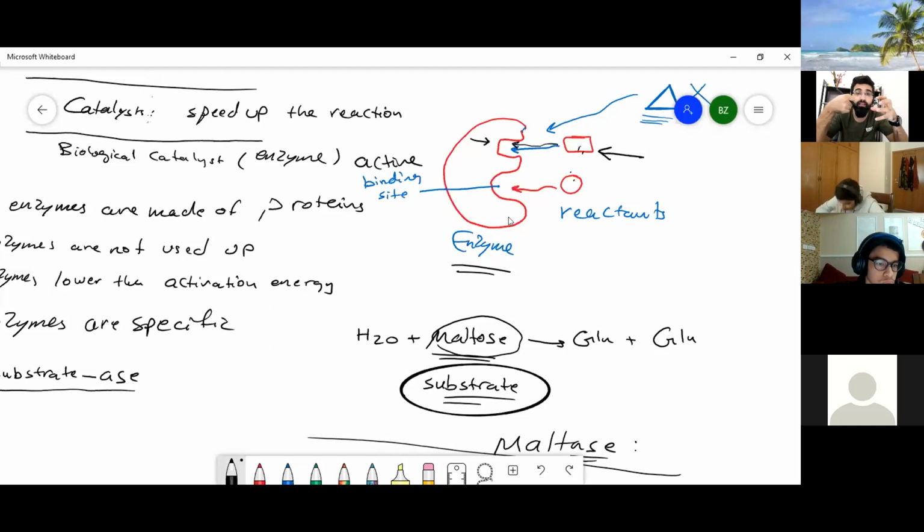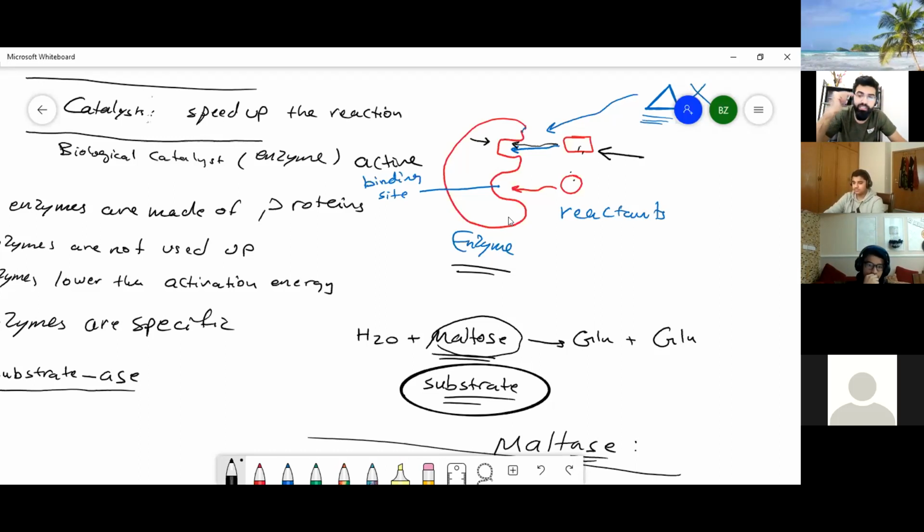How the key fits the lock perfectly. This theory is called the lock and key theory. They said the enzyme and the substrate are 100% like each other.